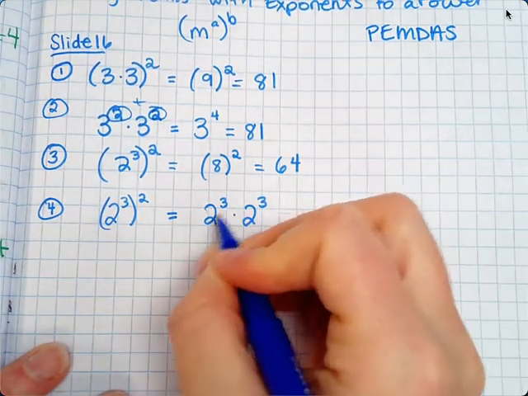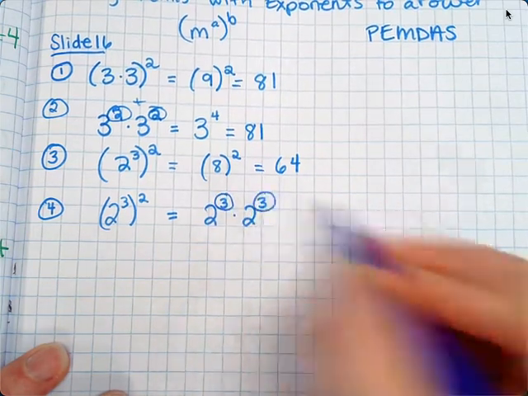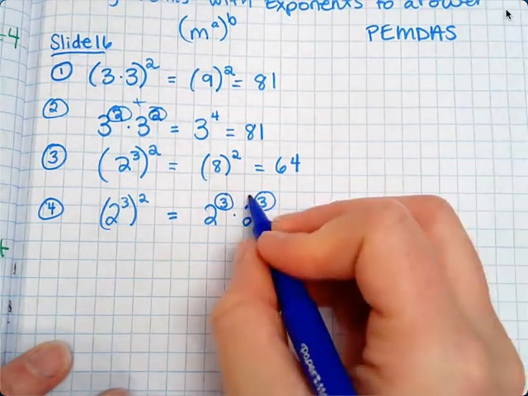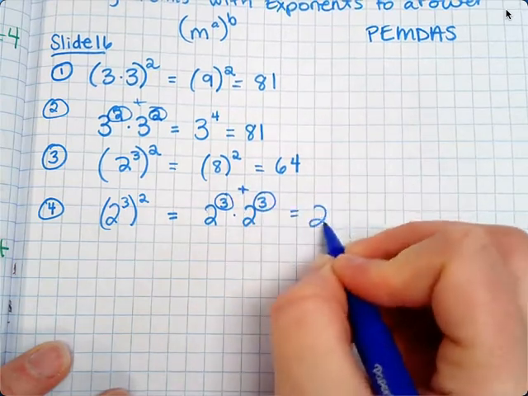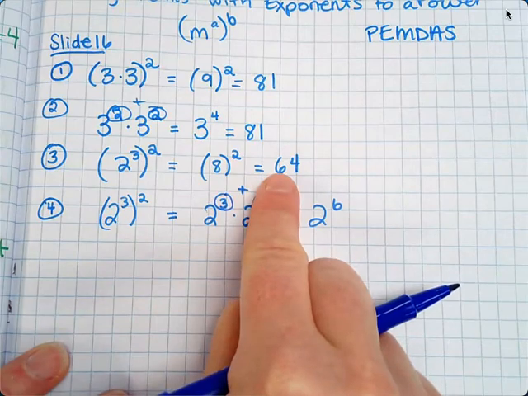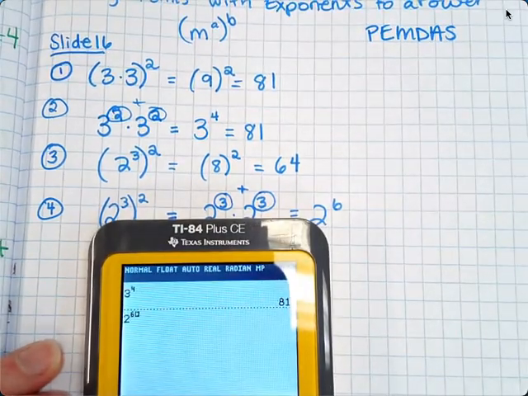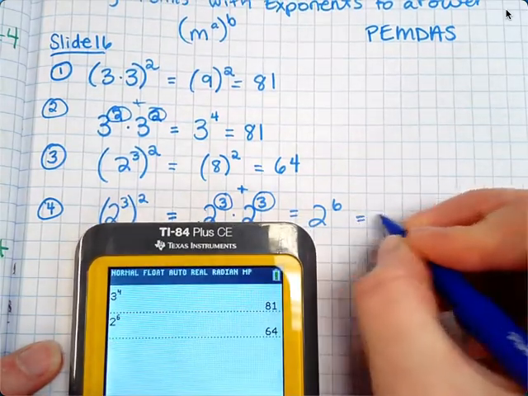Now, when I have 2 to the 3rd times 2 to the 3rd, what is my power? 6. So 2 to the 6. Shouldn't this equal the same thing? Let's check. 2 raised to the 6th power is 64.